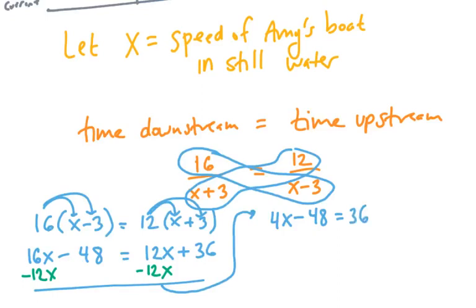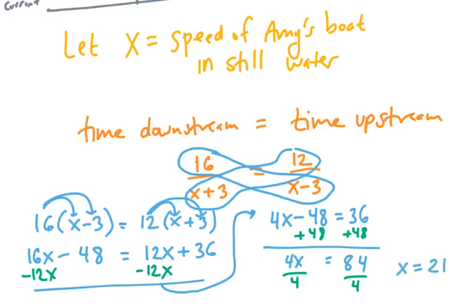And from there, a next step could be to move the 48 to the right side, so I'm isolating x on one side. So that means I've got 4x on the left equaling 84 on the right. If I divide both sides by 4, we will have the value for x, which we can remember what that stands for. So 84 divided by 4 should give us 21.